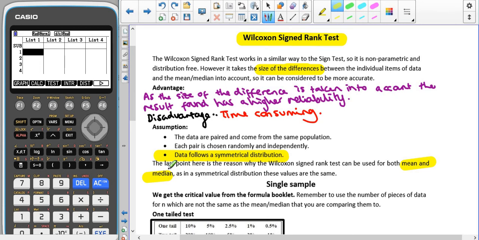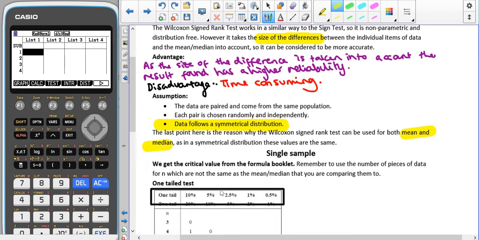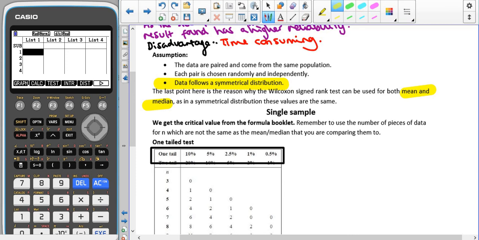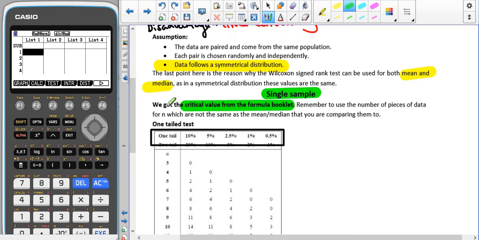So we're going to first have a look at what we do when we have a single sample. Now this is where it differs from the signed test, because this time our critical value is going to come from the formula booklet. We're going to have a look at the number of pieces of data put together in the same way as we did with the PMCC and the SRCC.